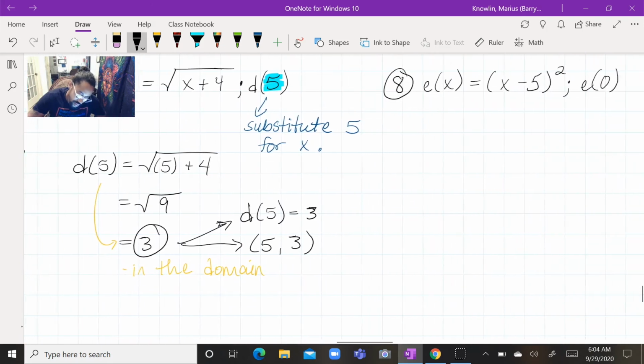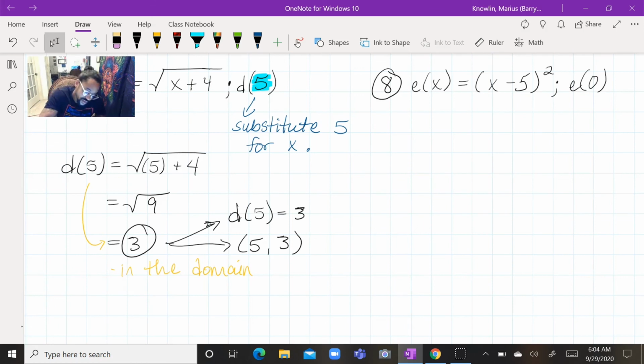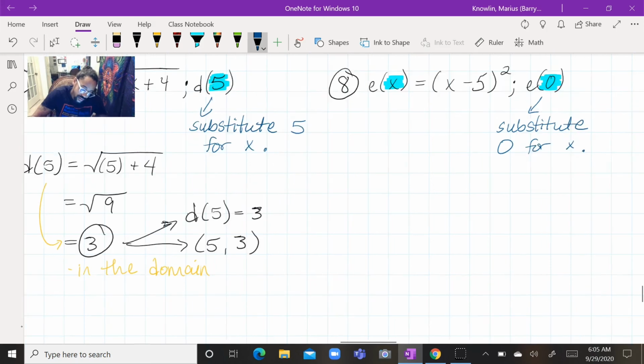And let's take a look at one last expression for today for evaluating functions. Here, they simply want us to substitute 0 for x. So let's write that out. Substitute 0 for x. Alright?